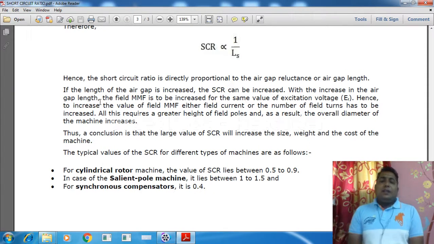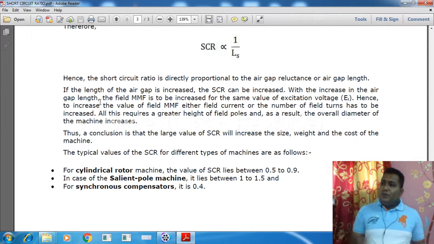If the length of the air gap is increased, the SCR can be increased. With the increase in the air gap length, the field MMF is to be increased for the same value of excitation voltage. Hence, to increase the value of field MMF, either the field current or the number of field turns has to be increased. All this requires a greater height of the field poles, and as a result, the overall diameter of the machine increases.